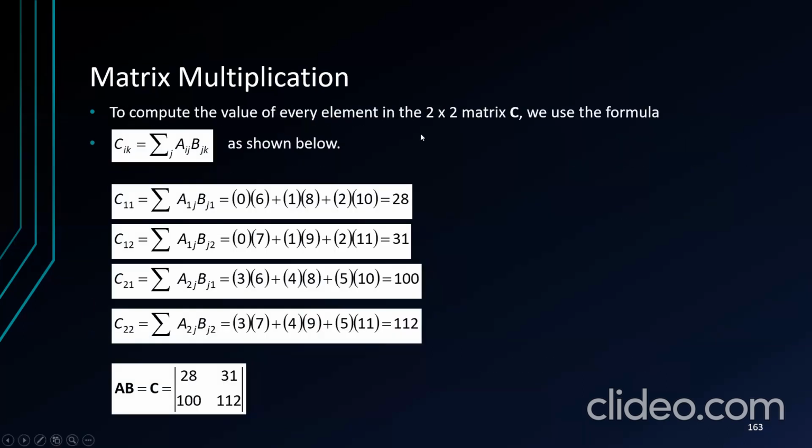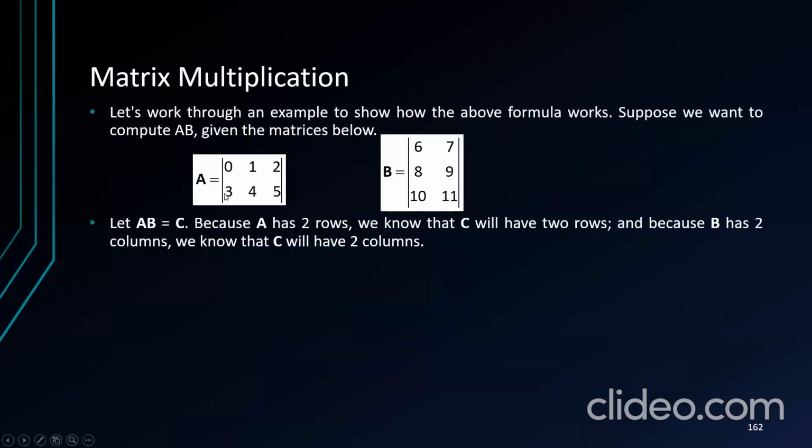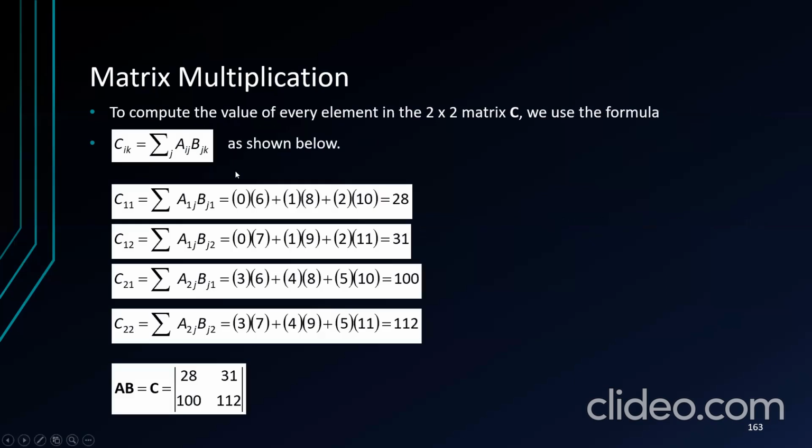So to compute the value of every element in the 2 by 2 matrix, we use the formula C_IK is equal to the summation of A_IJ B_JK as shown below. So C11, yung sa first row, first column ng C, is the summation of A_1J B_J1. Okay? Kasi IK tayo. Lahat ng A1, B1. So sa A is 0. Nag-umpisa tayo sa 1.